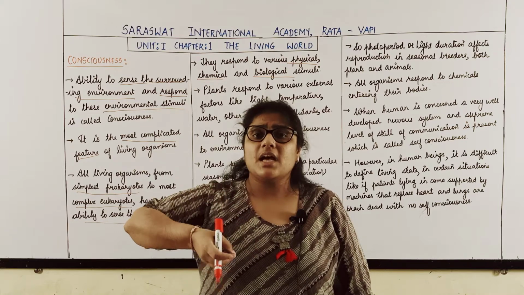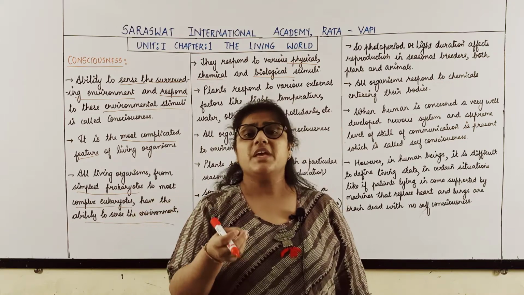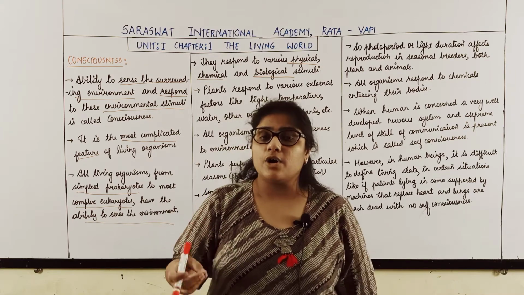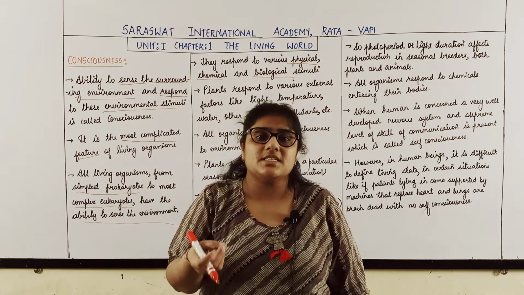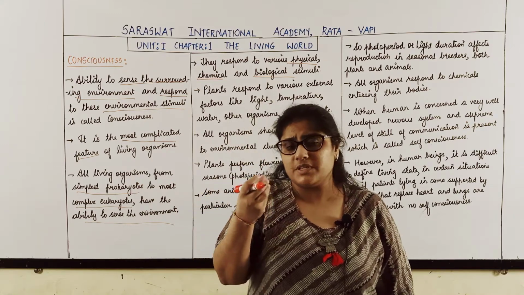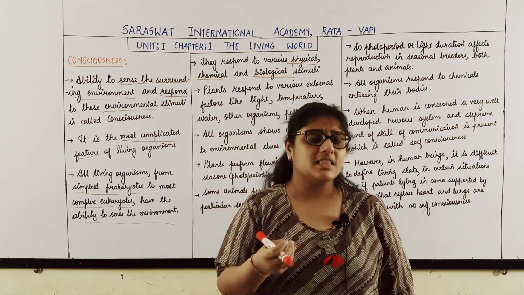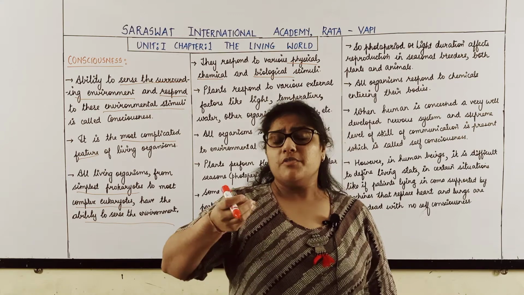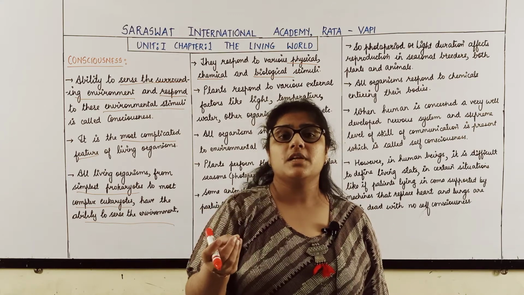With the help of sense organs, we are able to sense the environment, and whatever messages are given by the environment, whether in physical, chemical, or biological form, we respond to that stimulus.